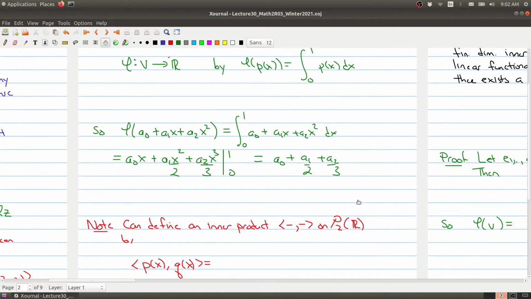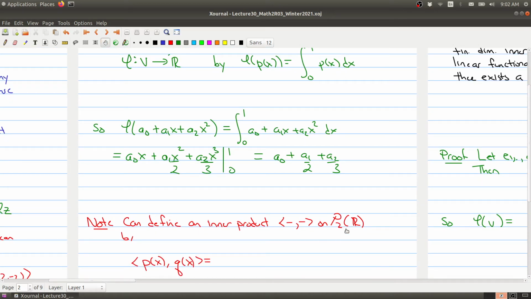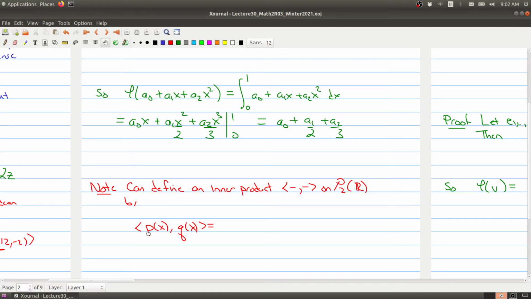This is how I take any polynomial and map it to a particular real number. But notice that we can define an inner product on this space by taking two polynomials p(x) and q(x) and mapping them to the number we get by integrating the product p(x) times q(x) dx from 0 to 1.